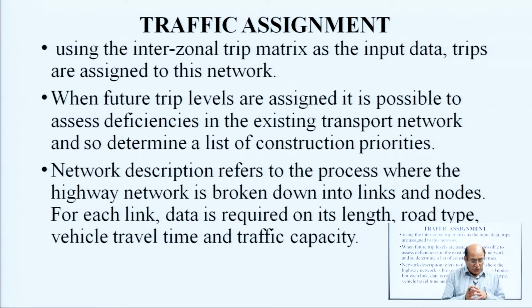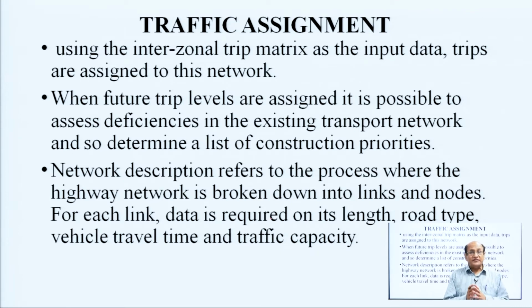The second is that, using the interzonal trip matrix as input data, trips are assigned to this network. When future trip levels are assigned, it is possible to assess deficiencies in the existing transport network and also determine a list of construction priorities.